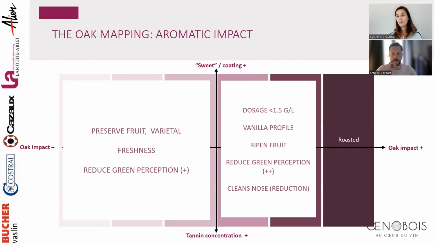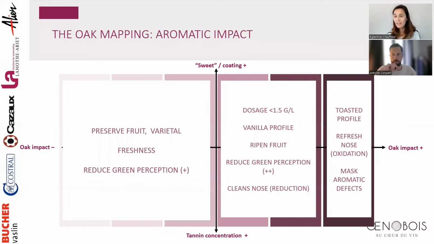Also reducing the green character perception and cleaning the nose when you have reduction. So the chips or staves or any oak placed in this part of the map will be great to really work on the aromatic profile in terms of ripening the fruit, reducing green character, and cleaning the nose.